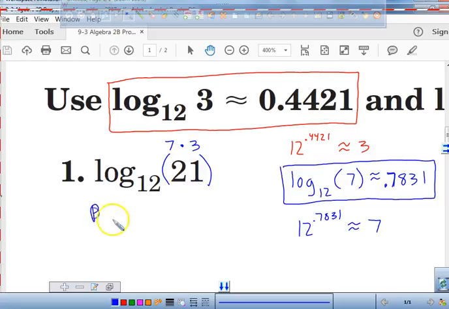Now, the first thing we're going to talk about is this wonderful property called the product property.